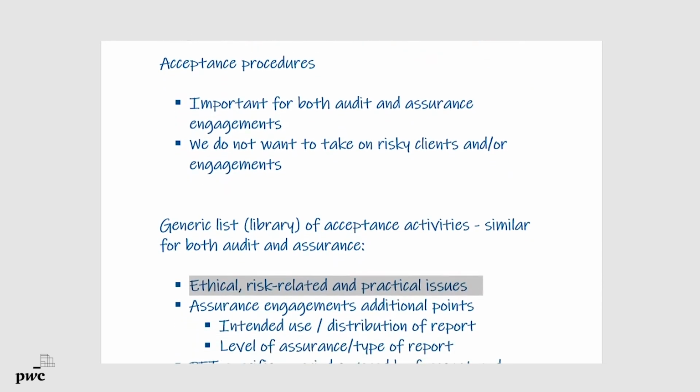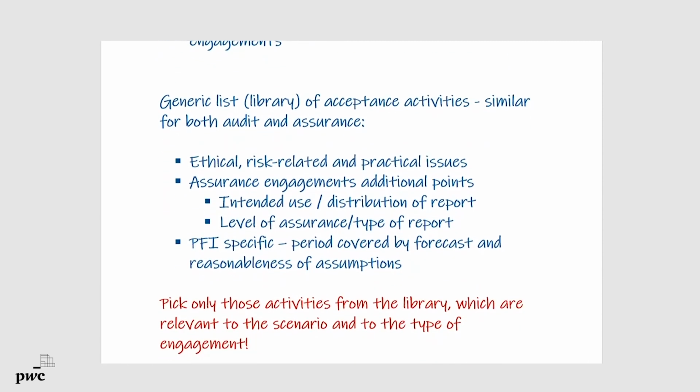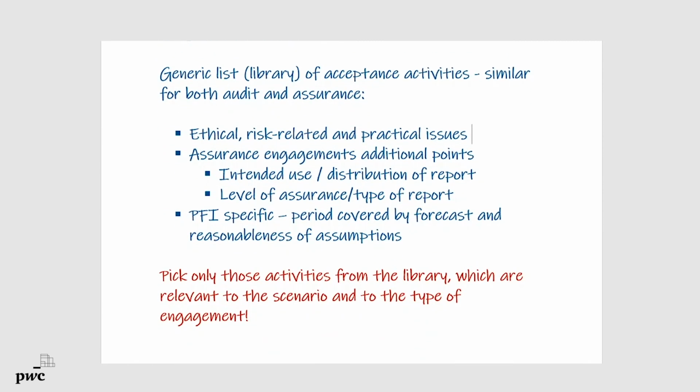Acceptance procedures are very important for both audit and assurance engagements because we do not want to take on risky clients or risky engagements. Of course, you may learn some generic list or sort of library of acceptance activities, which are similar for both audit and assurance. But of course, during the exam, you have to pick only those activities from the library which are relevant to the scenario and to the type of the engagement.